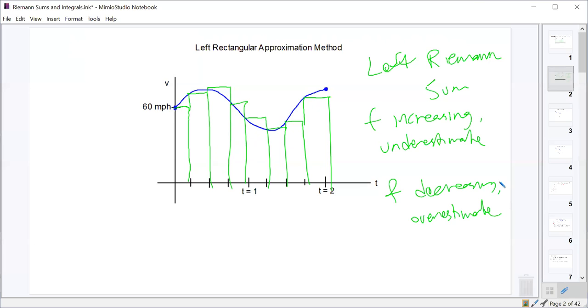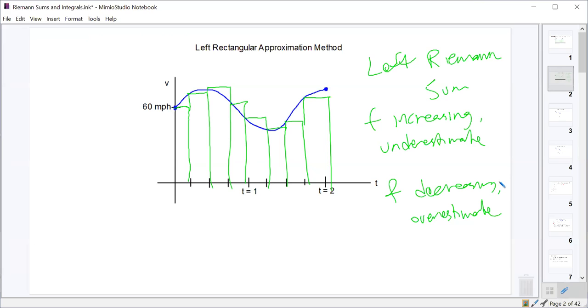Good or no? All right. So that's the left rectangular approximation, but note that the larger the subintervals, the less accurate our approximation is. The more subintervals we have, the better our approximation should be.